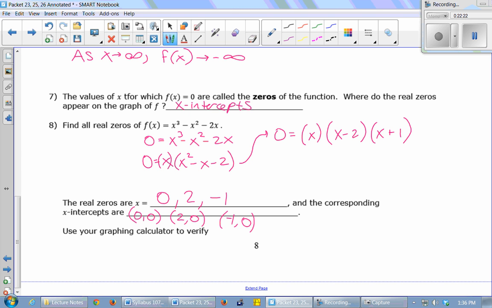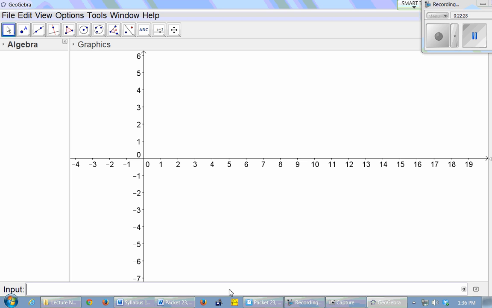All right, so if I want to verify the zeros of this thing, I could use my graphing calculator or GeoGebra. Okay, so I've got a function f of x equals x cubed minus x squared minus 2x. Oops, I did that wrong.